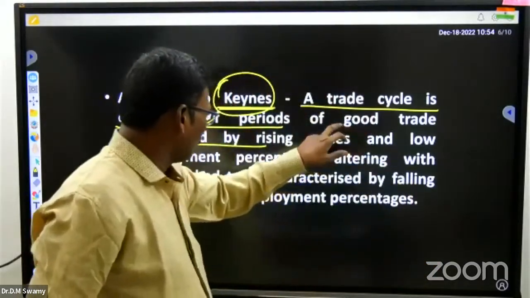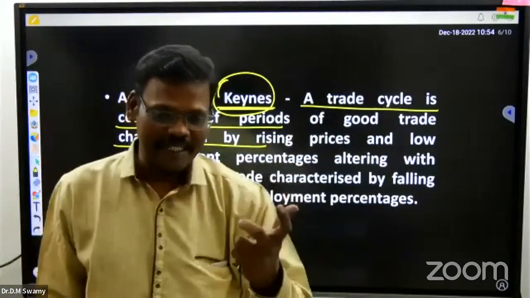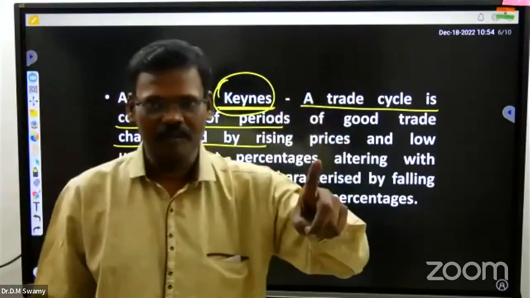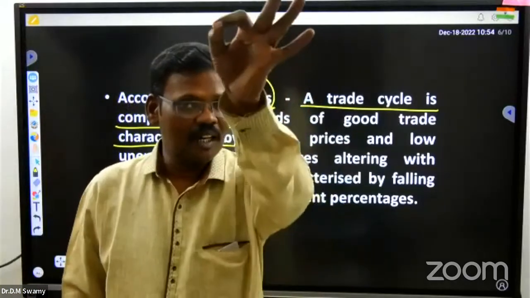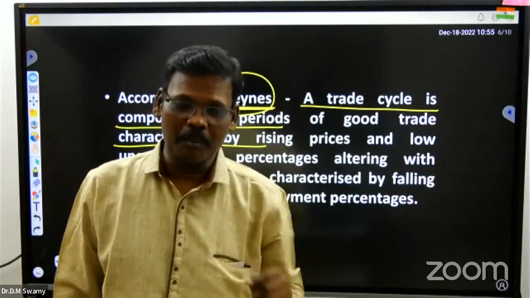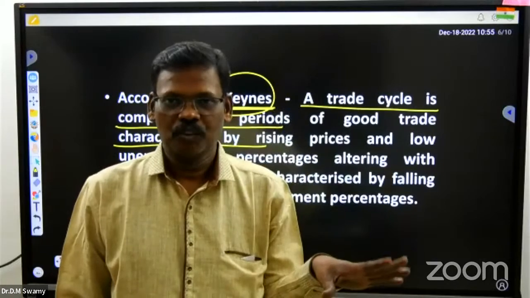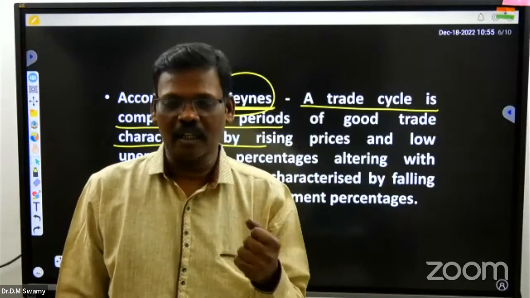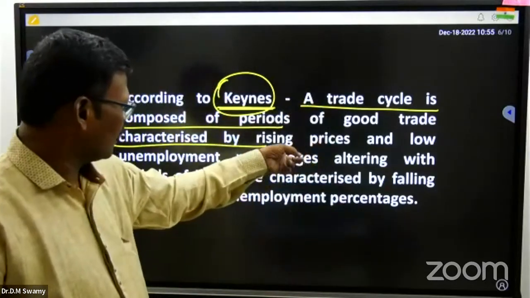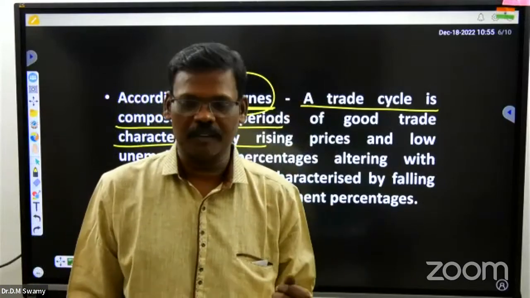These are the characteristics of good trade: prices are increasing, and at the same time unemployment is decreasing. Please remember, increasing prices are not always negative for the economy. Sometimes they promote the economy. When prices rise slowly, profit will increase for the producer.